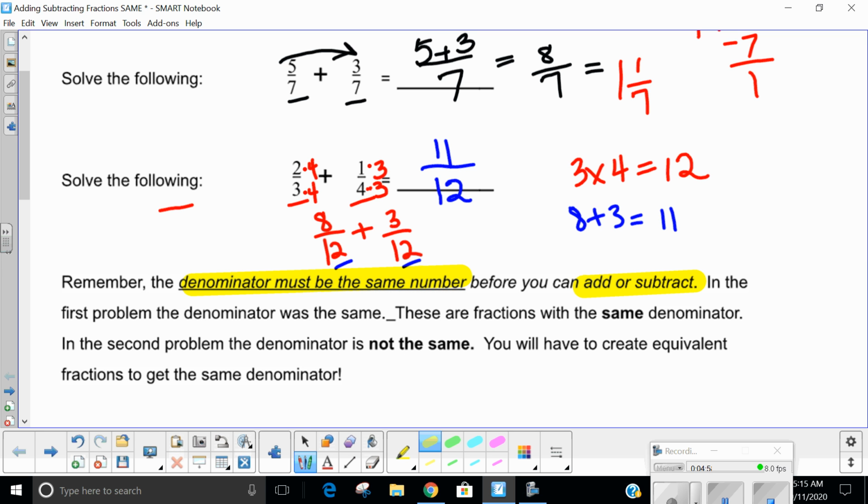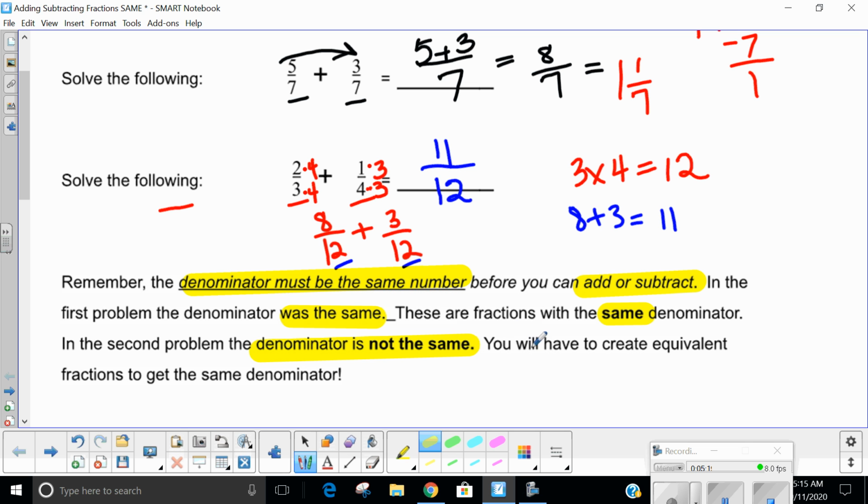Okay, and so we notice in the first problem, the denominator was the same, and that's what we call fractions with the same denominator. And then in the second problem, the denominator was not the same, and so those are different denominators.